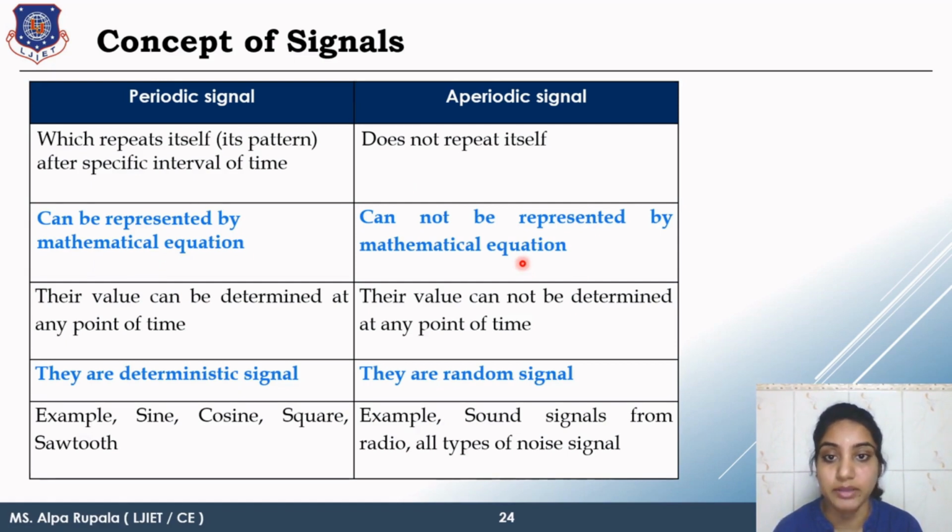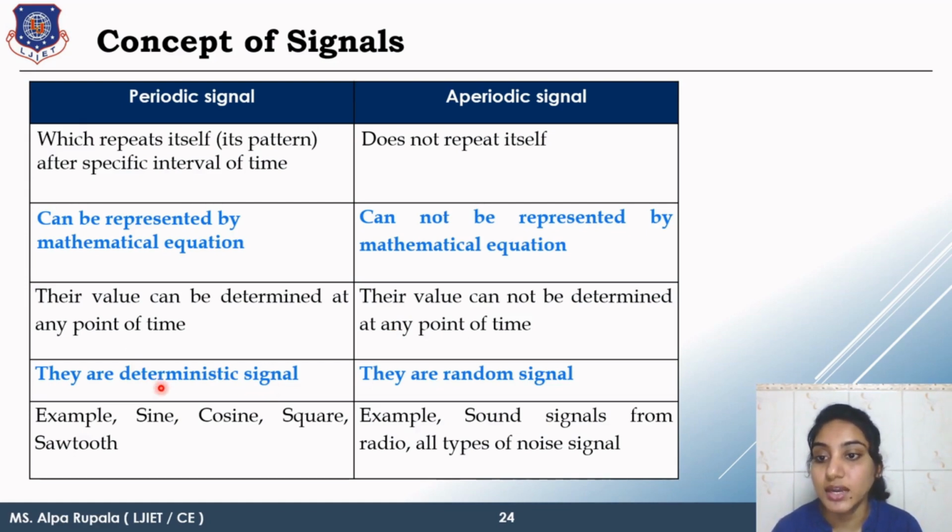In a periodic signal, the value can be determined because we have the equation. At any point of time, we can calculate the strength of the signal by just replacing small t. But in an aperiodic signal, we do not have any mathematical equation, so we cannot determine the value at a particular interval of time.